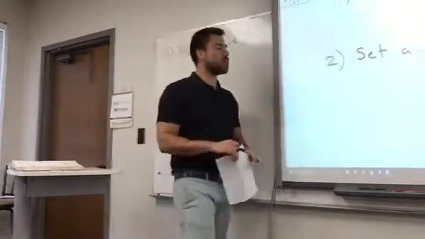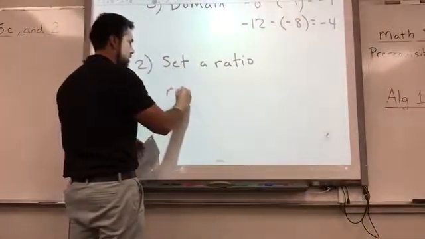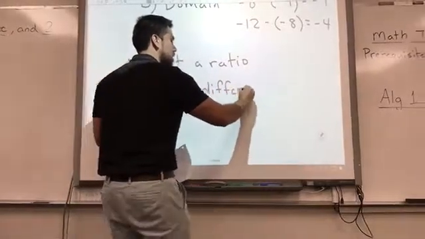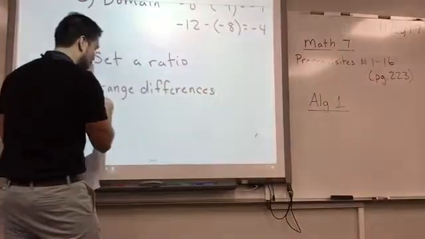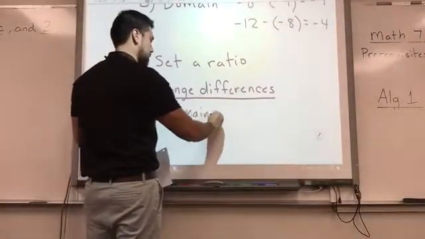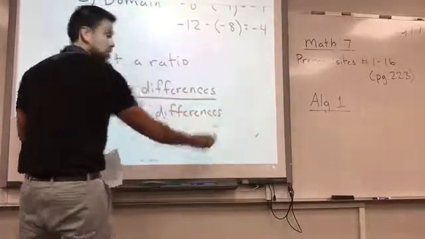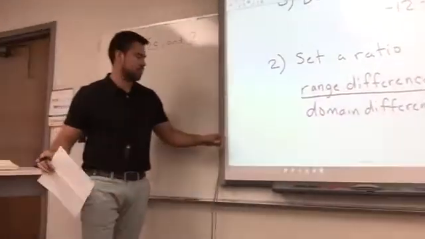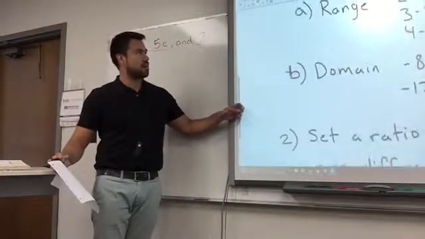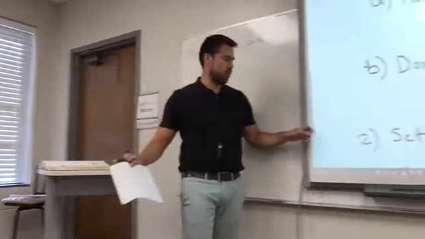The two numbers that we're going to compare are going to be the range, and this is something important, range differences over domain differences. Did you have a question? Yeah, I was just I didn't get range. Okay, so range differences over domain differences for the ratio.